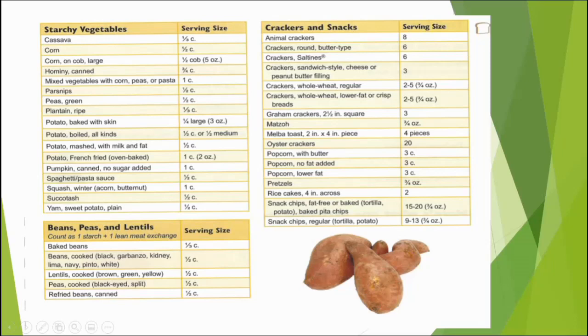Okay, so here's your crackers. Depending on the kind of crackers that you select, depends on how many you can have. Popcorn with butter, no fat added, or lower fat is all 3 cups. And then you have your beans and peas and lentils, which is one starch plus one meat exchange.